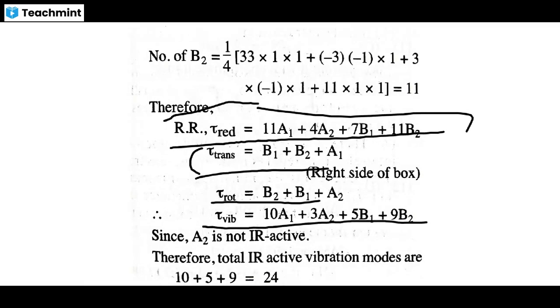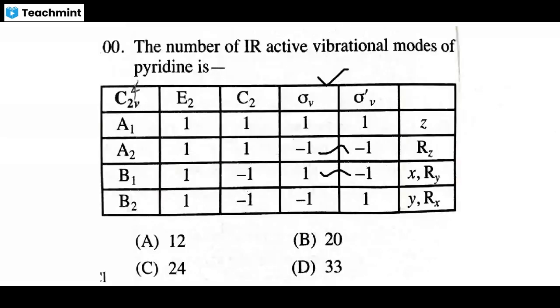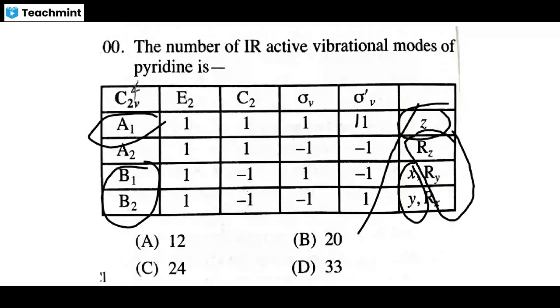Since A2 is not IR active, we already told that x, y, z are the IR active. So for A2 there is no x, there is no y. So it is IR inactive, so you should just neglect the A2.